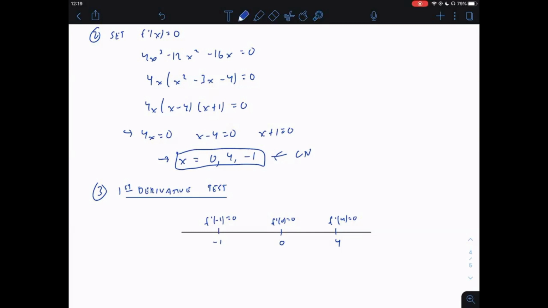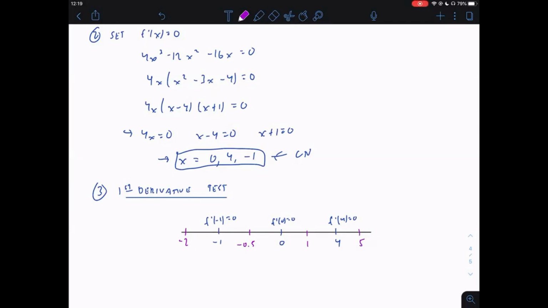So pick any test points before, between, and then after your critical numbers. So let's say -2. Let's do -0.5. Let's do 1 for this one, and then 5 for this last test point.